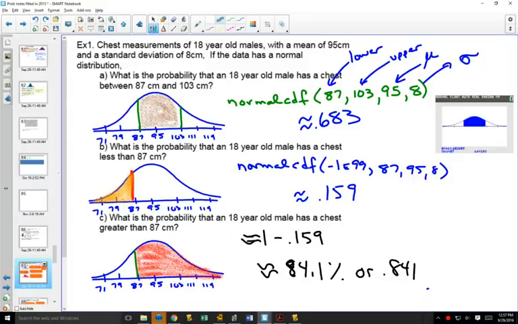So I'd like you to try the next two. Try drawing the picture with your normal curve with 3 standard deviations above and below. Shading in, we should make a new verb, or crayoning the right area, and then using normal CDF to calculate the probability.